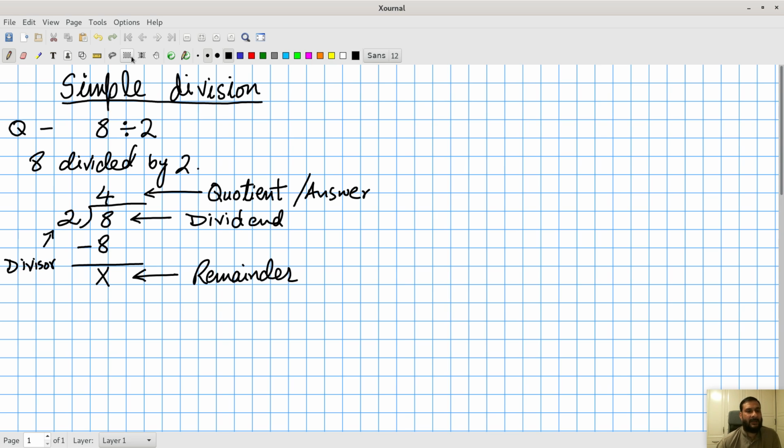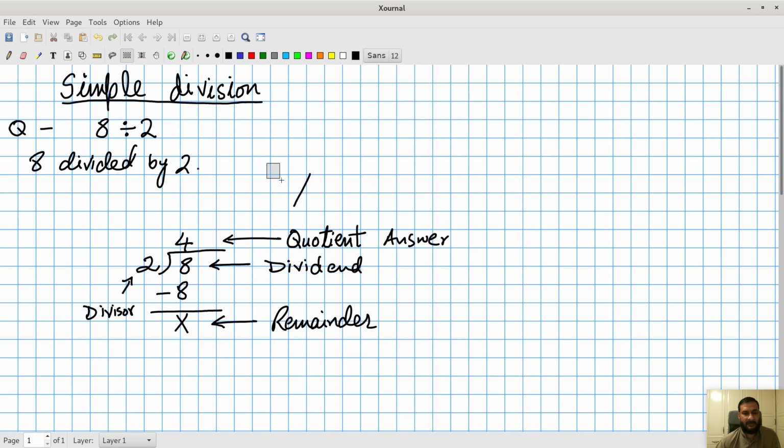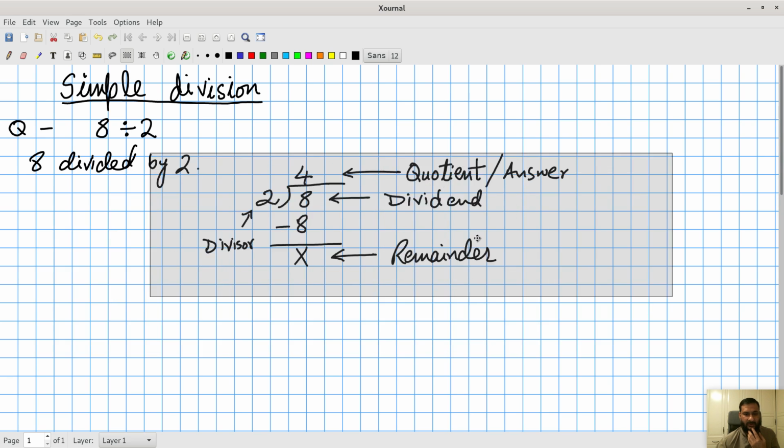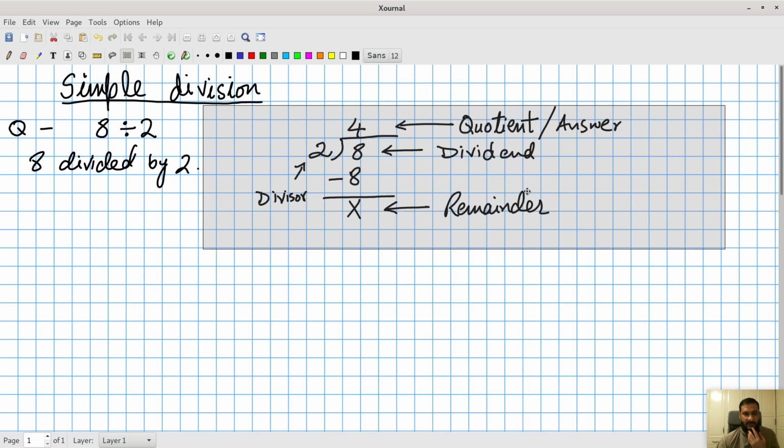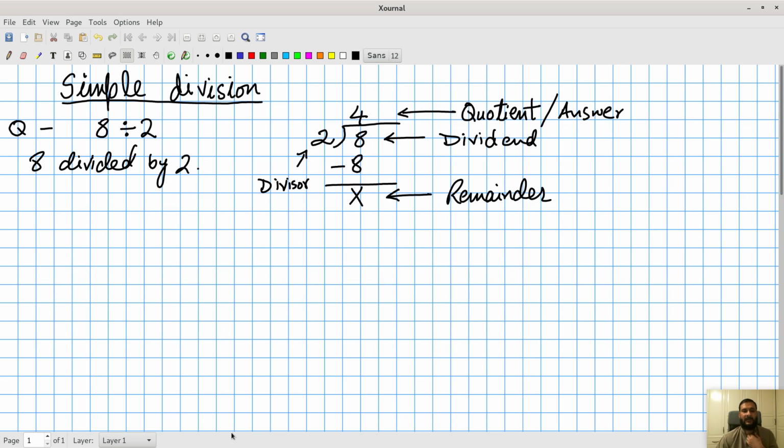Right, so this is very good that we did this. This is the anatomy of a division operation. So we can put this here to keep it as a reference, and maybe make a box around it.